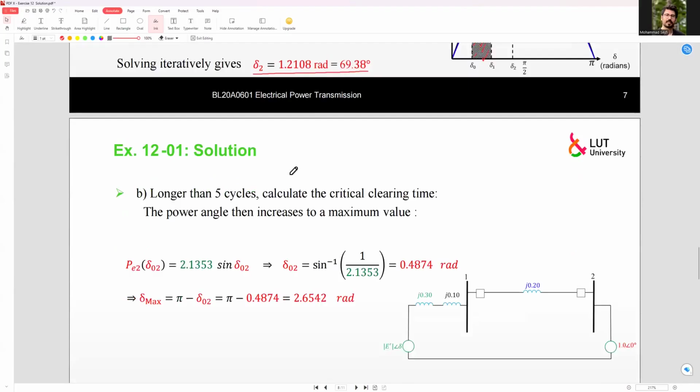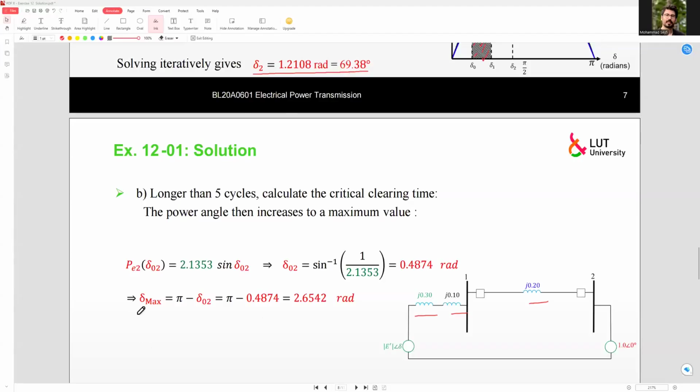Okay, for that we need to consider the post-fault condition of the network, which you can see here, right?